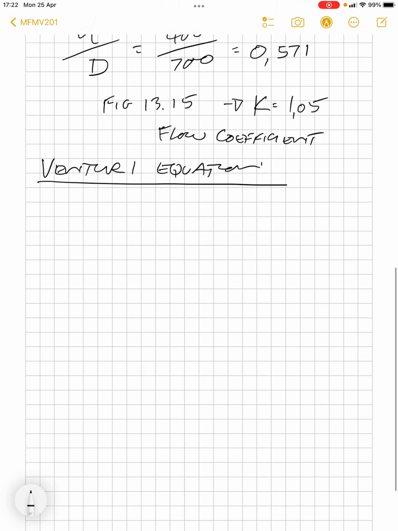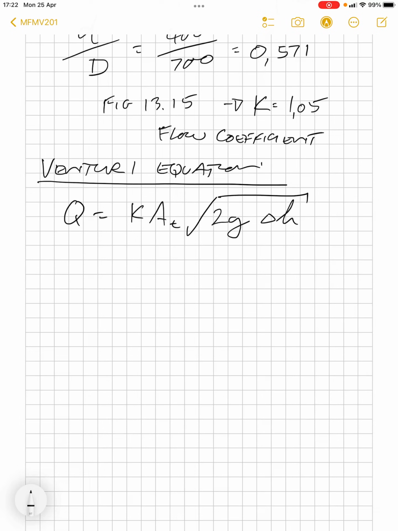That is written Q is equal to K A_T square root 2g delta H. So the discharge is equal to the flow coefficient times the area of the throat times the square root of 2g delta H, which is your head differential.